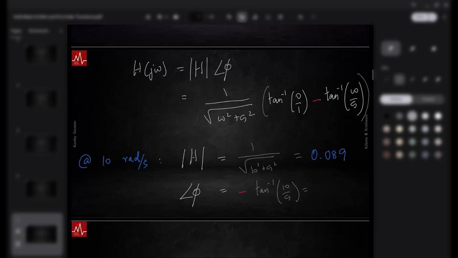Get another calculator. Tan inverse of 2, and that's correct, this is minus 63.43. And what is this? This is in degrees.